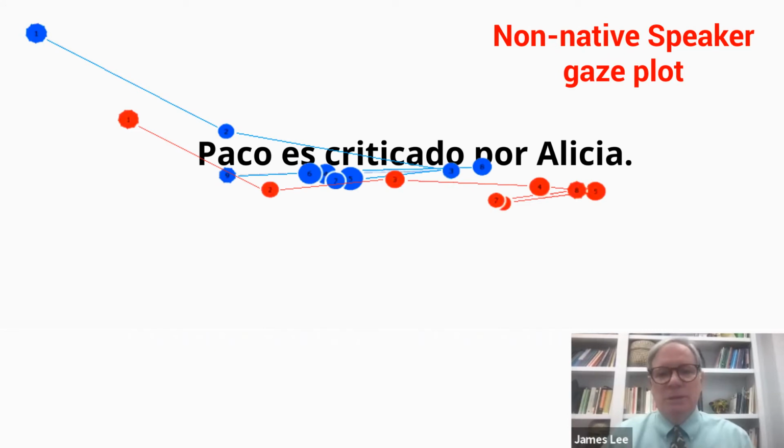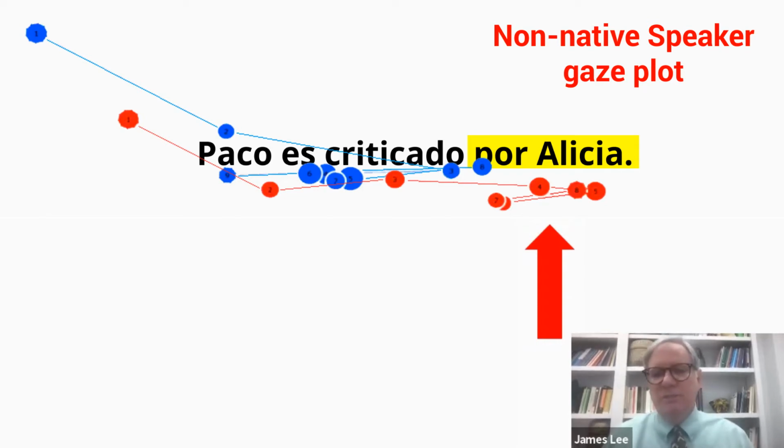What you should immediately notice is that the non-native speaker is not allocating visual attention to the same parts of the sentence that the native speaker does. The non-native speaker is allocating most of their visual attention on the prepositional phrase por Alicia. There's only one fixation on Paco, and there's only one fixation on the verb.